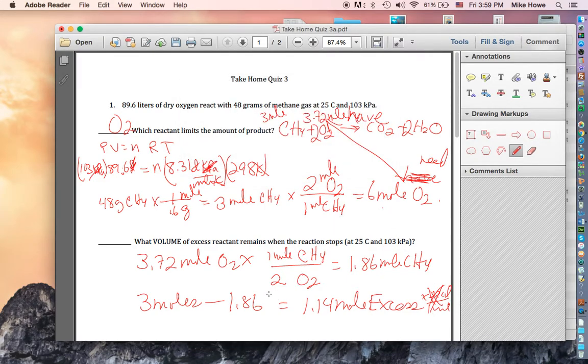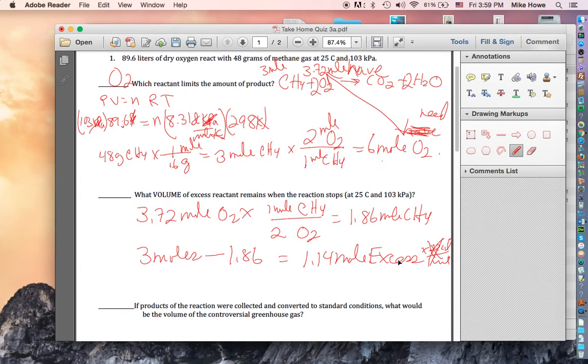So we're going to have to use PV equals nRT, or you could use the 22.4 and then change from standard to lab using the V1, V2 approach. But since I don't have room for that, I'm going with the shorter version, PV equals nRT. And I know n is 1.14.